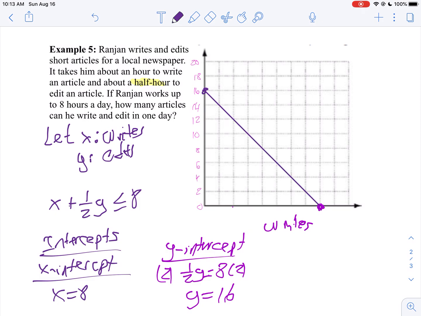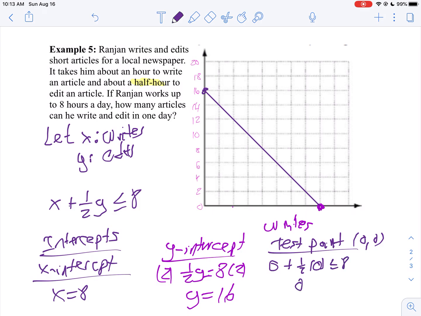Now, which side are we going to shade? Well, let's pick our test point. Which will be 0, 0, because 0 is not on your line. So we get 0 plus 1/2 times 0 is less than or equal to 8.